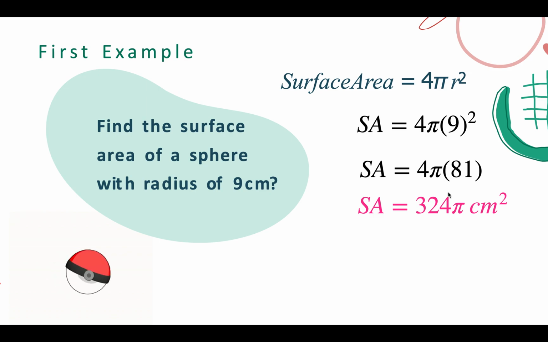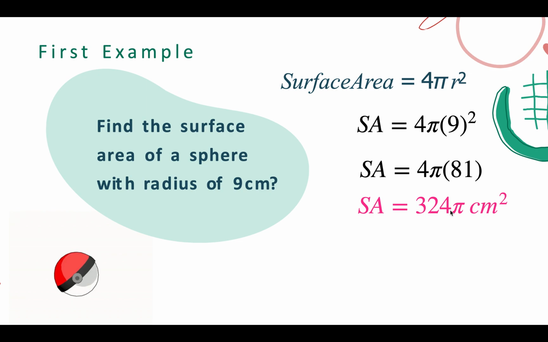Pi is a non-terminating decimal. We cannot get the exact value of pi. We can just get its estimated value, which is approximately 3.14. But no need for us to multiply 324 by 3.14. So we will just set our final answer with pi so that it will be an exact number.